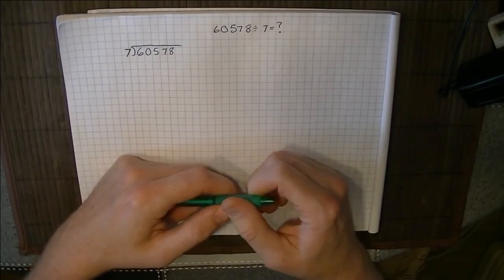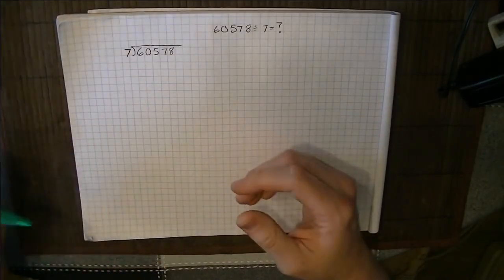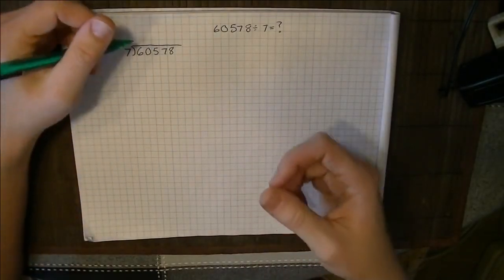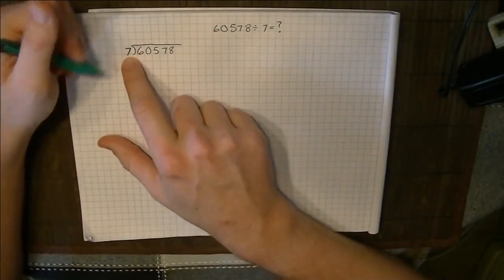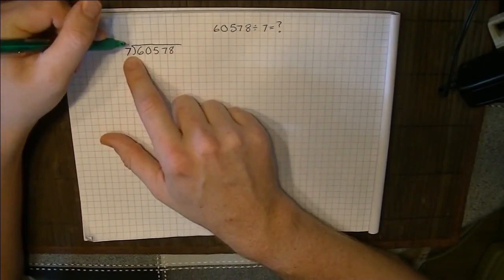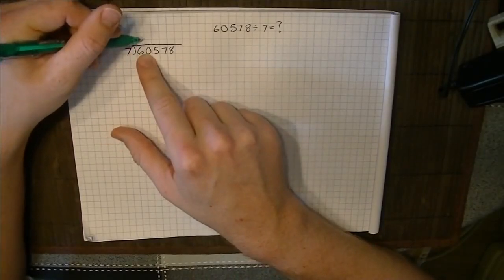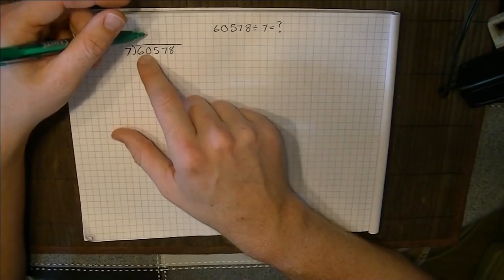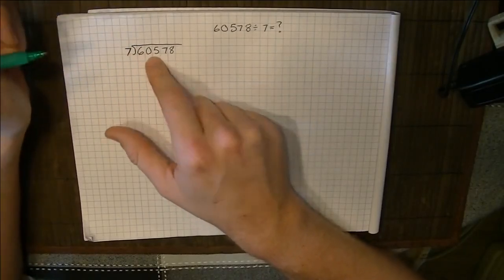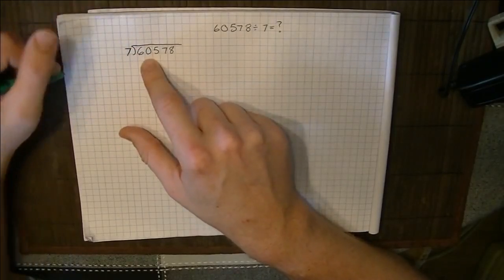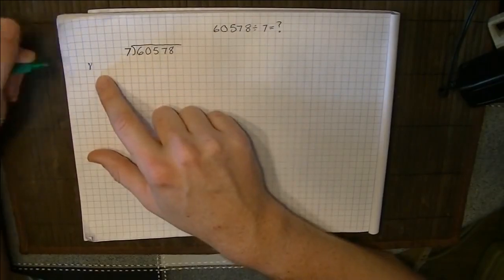Is it 56? Hold on, how do we do this? Well, we're going to take a guess. It's certainly not going to be 10, that's too far. It's not going to be 9. We could guess that 7 goes into 60 8 times, and then we'll just figure out if we're right.